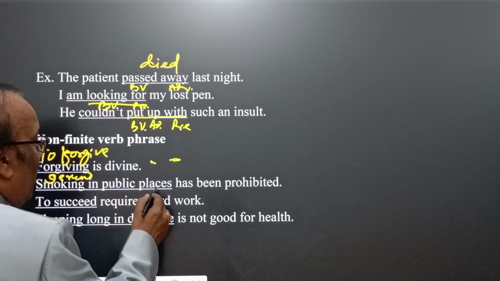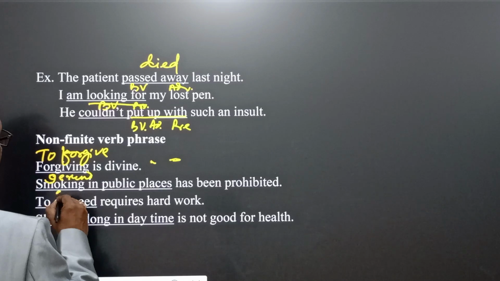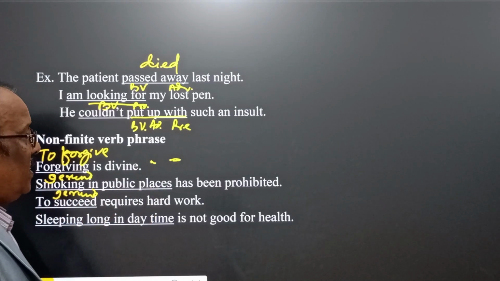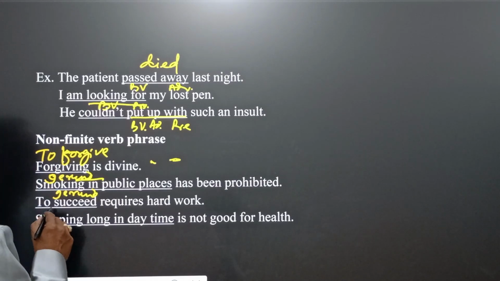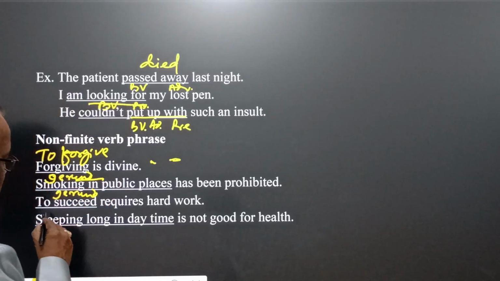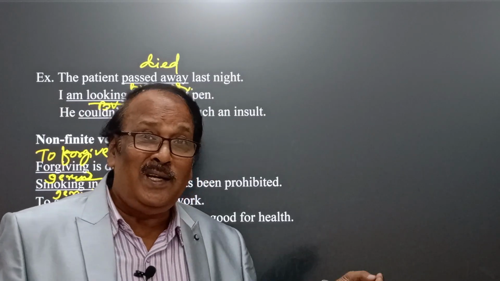Smoking in public places. Smoking, here we find also a gerund. Smoking in public places has been prohibited. And to succeed requires hard work. Yes, very interesting idea.